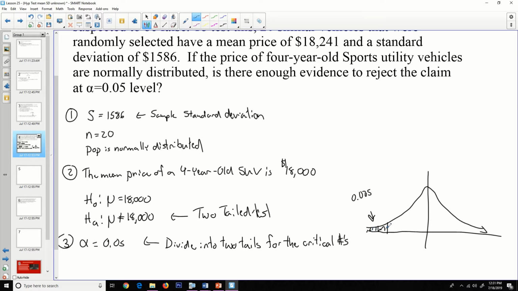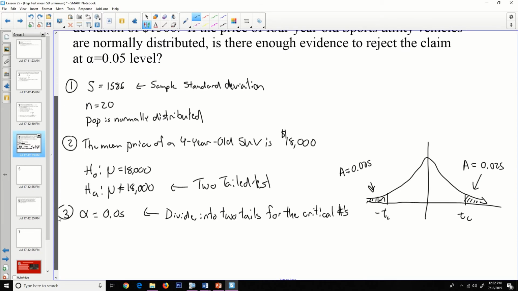That's the area in that one, and so that'll have a critical t, and then that one will be negative, and this will be positive tc. And again, this area right here is equal to 0.025.